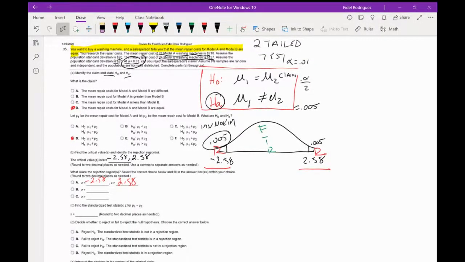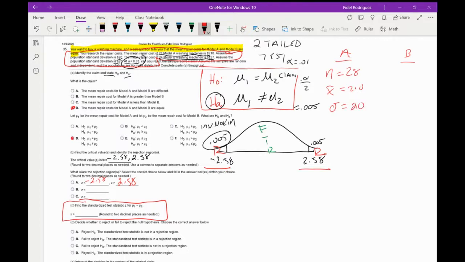All right. Now we're going to do part C, and this is when I'm going to use my calculator, guys. I'm going to use the information that is here to do this. We have Model A and Model B. For Model A, the number of them is 28, my X bar was 210, and my population standard deviation was 20.